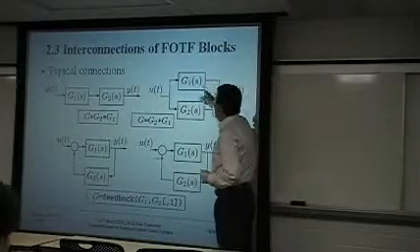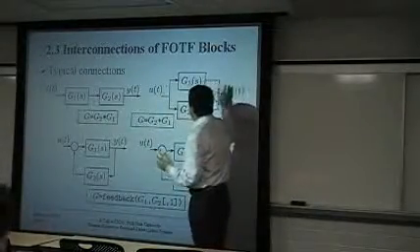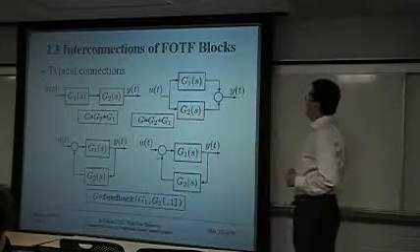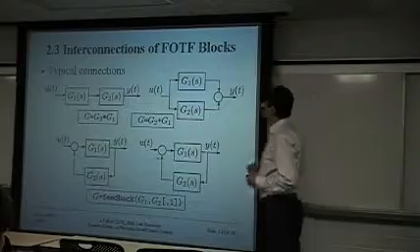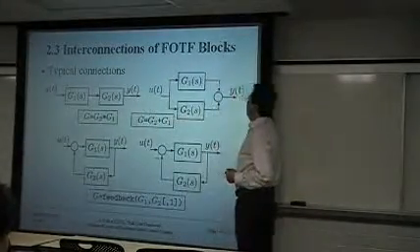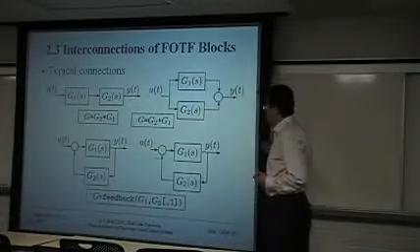And for parallel connection, in mathematics we represent the overall system by G2 plus G1. And for a single input, single output system, these two blocks can be interchangeable. So these are the typical series and parallel connections.